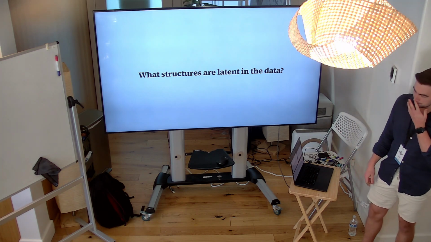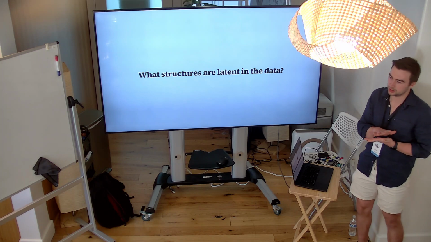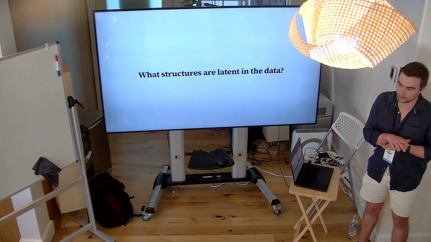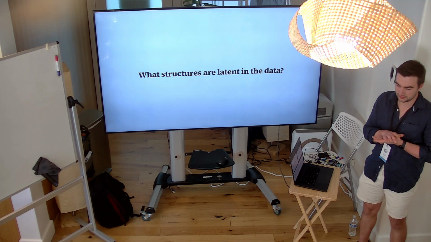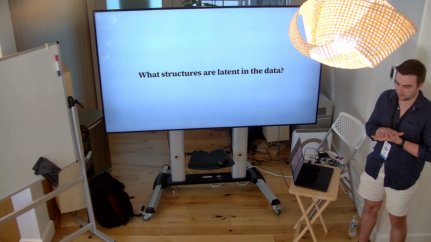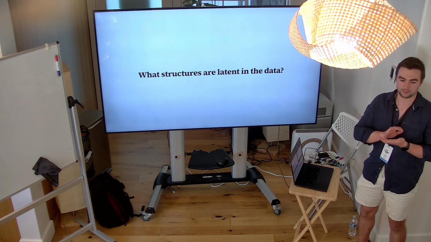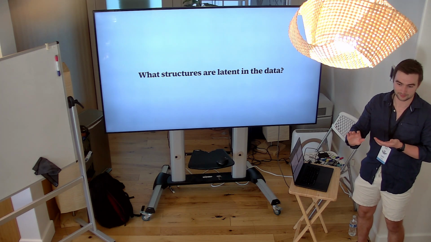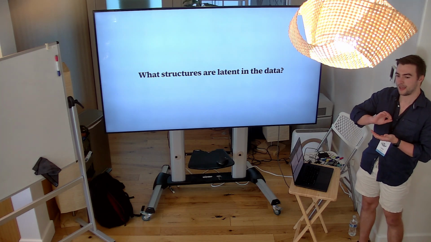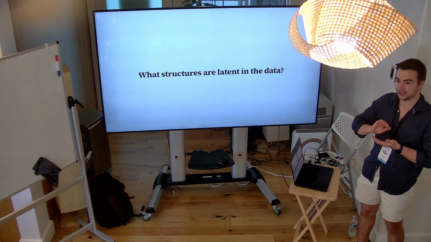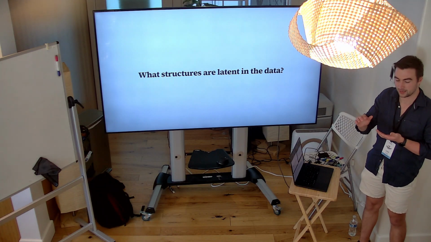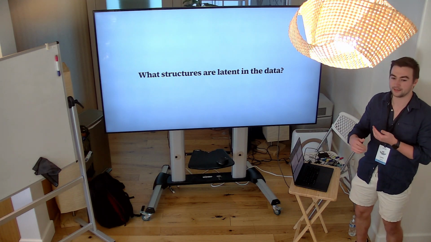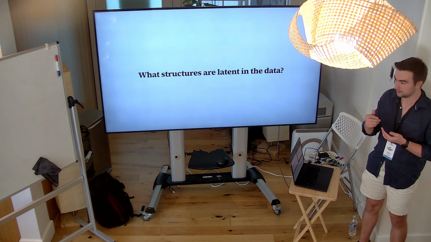So to go back to Jesse's introductory talk the other day, we are interested in this question of what structures are present in data, and therefore how do those structures affect the development of a model over the course of training, and in what way does it learn those structures.